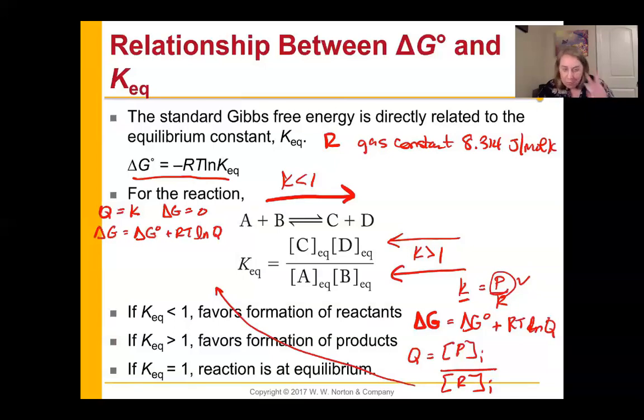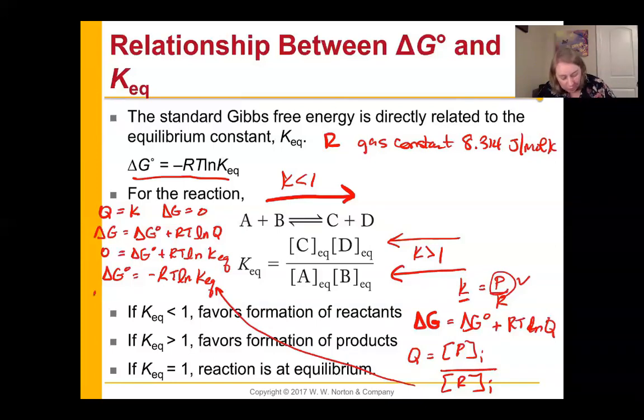But if we're at equilibrium, then delta G is equal to 0. So then we have our standard state plus RT ln. In this case, Q is equal to K. So I can put K equilibrium. So then I rearrange and I get standard minus RT ln of K equilibrium, right?